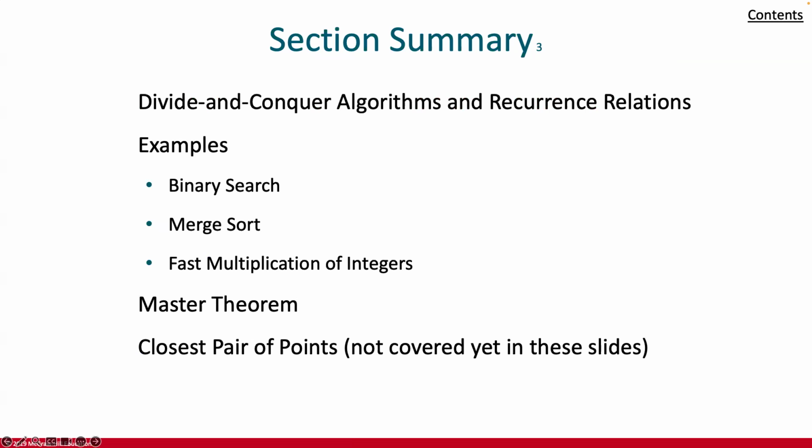For example, we can perform a binary search by reducing the search for an element in a list to the search for this element in a list half as long. We successively apply this reduction until one element is left. When we sort a list of integers using merge sort, we split the list into two halves of equal size and sort each half separately.